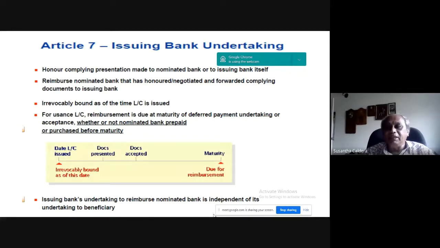Article 7, issuing bank undertaking. Please read Article 7. Now you are having this presentation. Before you come next week, first you read Articles 1 to 7 or 8 or 9, wherever I'm stopping today, and then refer to these presentations.